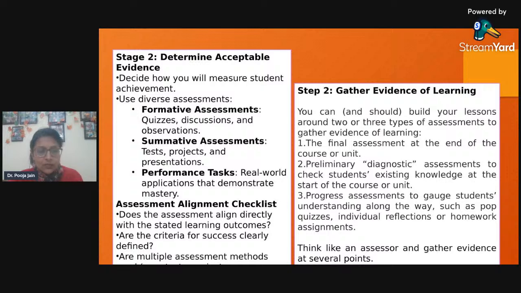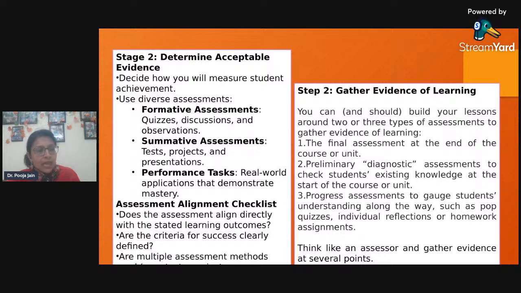Assessments which are diagnostic in nature to understand how much the children know about a particular topic. Where diagnostic assessment is before a topic or a unit, formative is during a topic or unit, and summative is after a topic or unit, right?